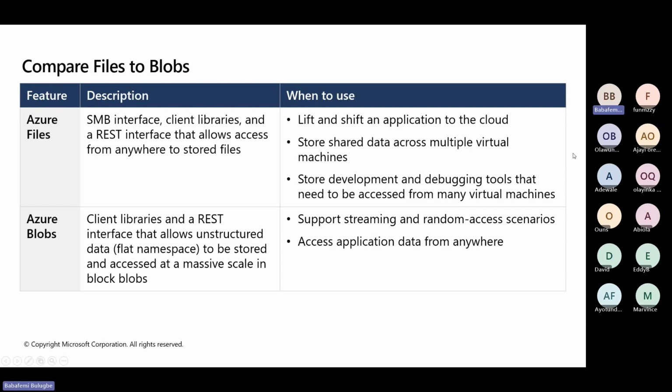So they are used to store development and debugging tools that need to be accessed from many virtual machines. So that's why we say it's file sync. Let's say we have multiple virtual machines, like 200 virtual machines. We will mount a folder to all those machines.